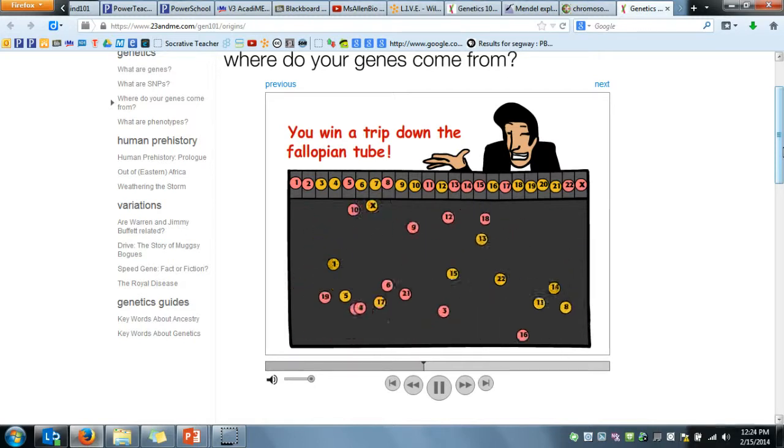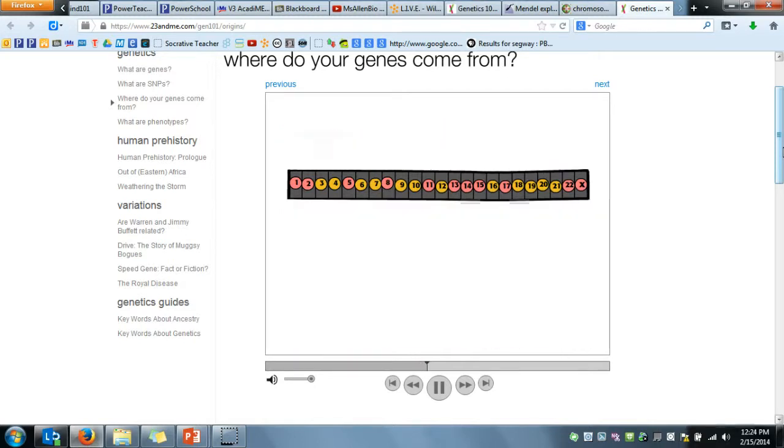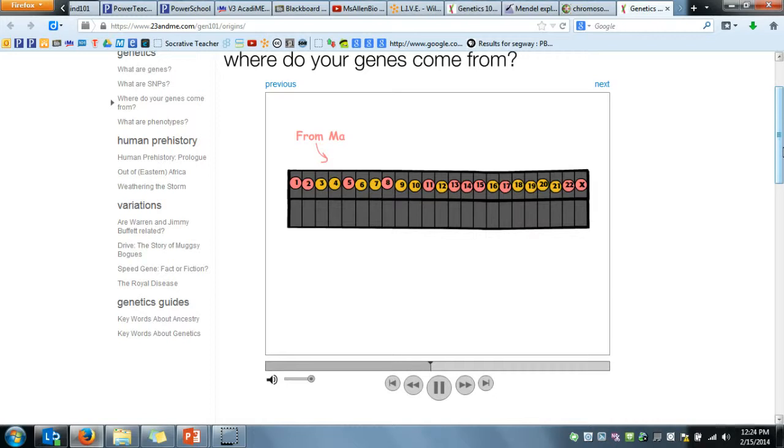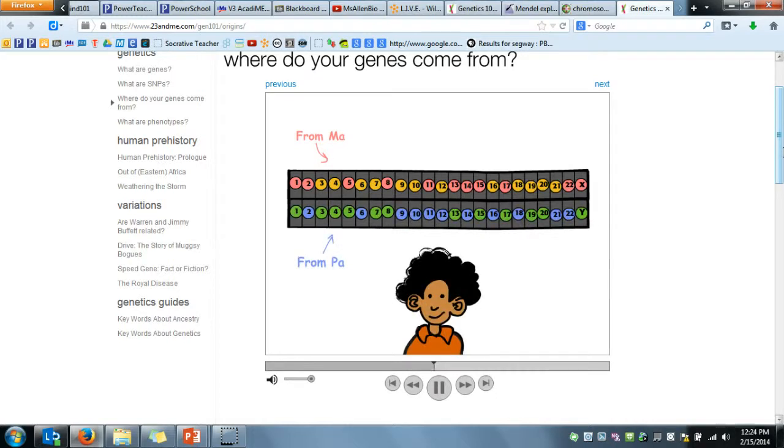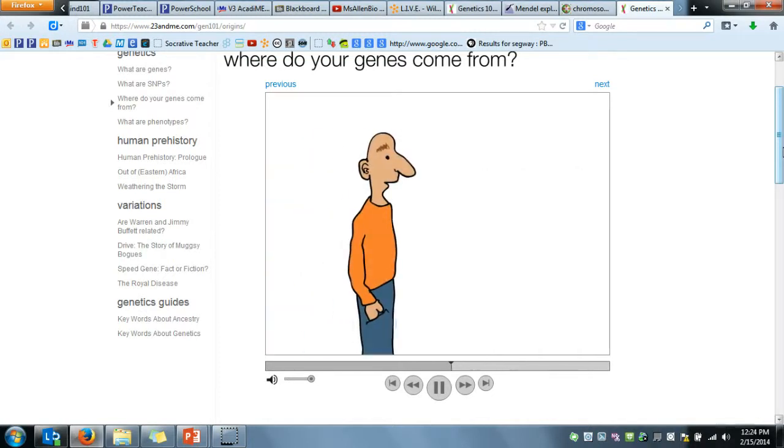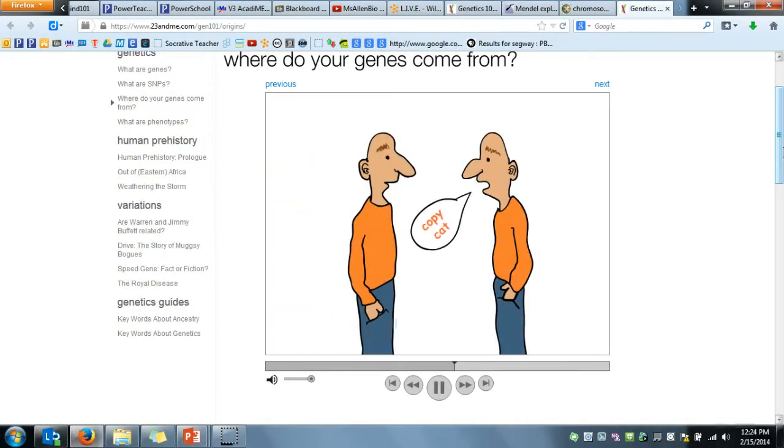This is why, when you were conceived, you obtained half of your mother's genes and half of your father's genes. But your siblings didn't necessarily get the same versions of your parents' genes that you did. Unless you happen to be an identical twin.